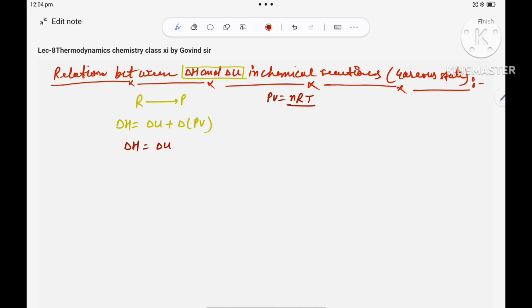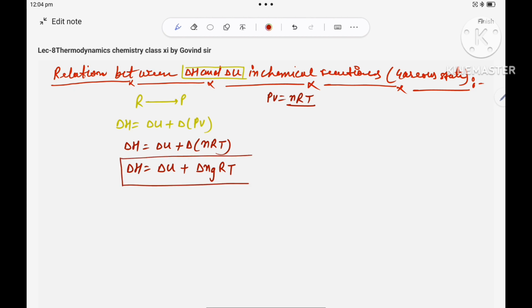So in place of PV, you can use nRT. So delta H is equal to delta U plus, R and T being constant, delta Ng RT. Ng means gaseous state. That formula I told you in the beginning.